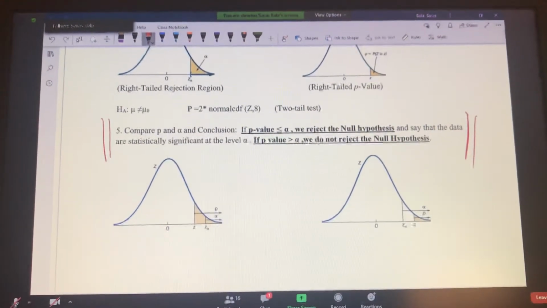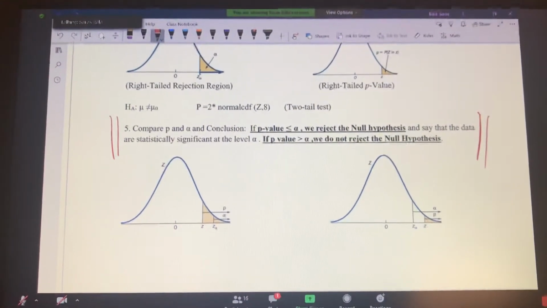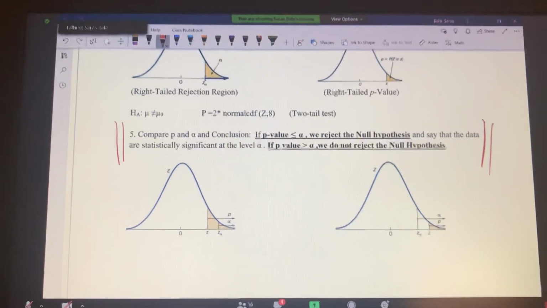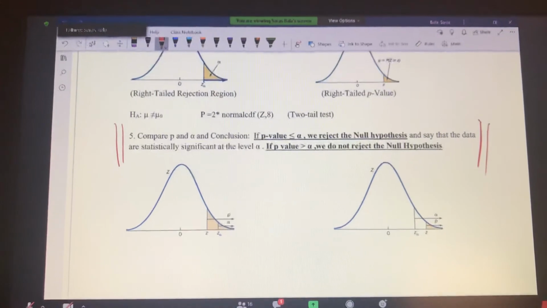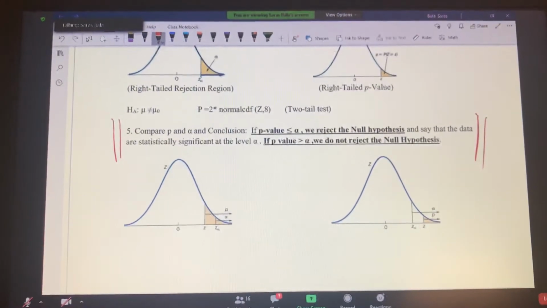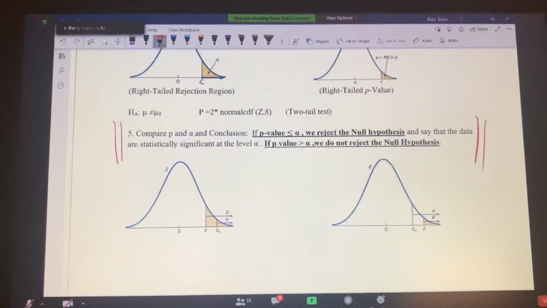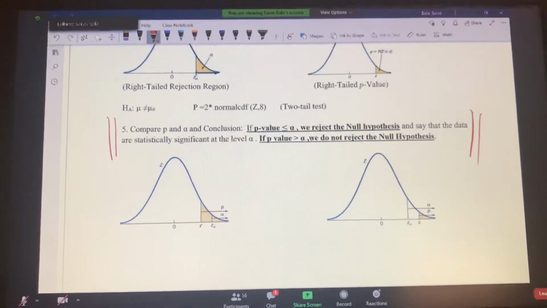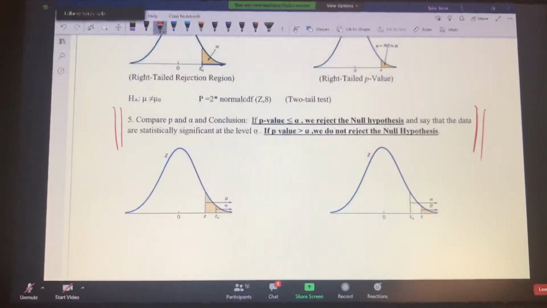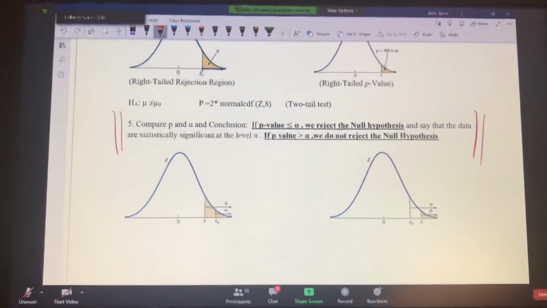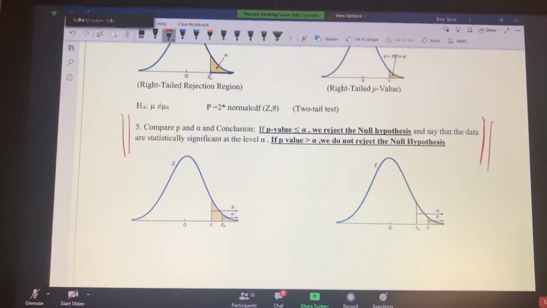Meaning, the smaller the p-value that my sample data is giving, the more I reject my null hypothesis. A smaller p-value compared to alpha gives me a very unlikely probability. That way, I am going to reject the null hypothesis.